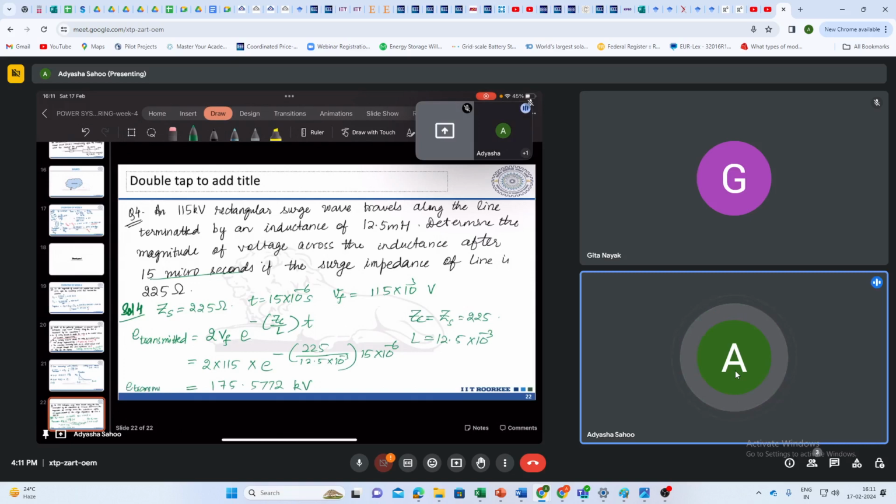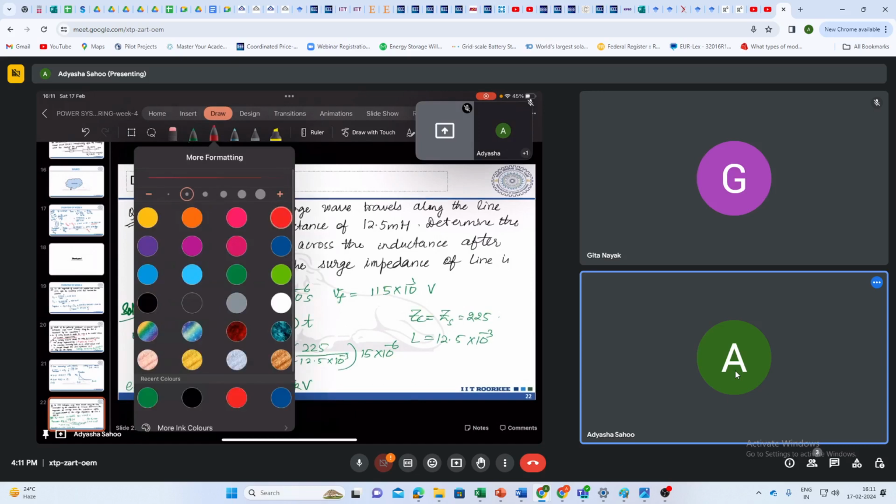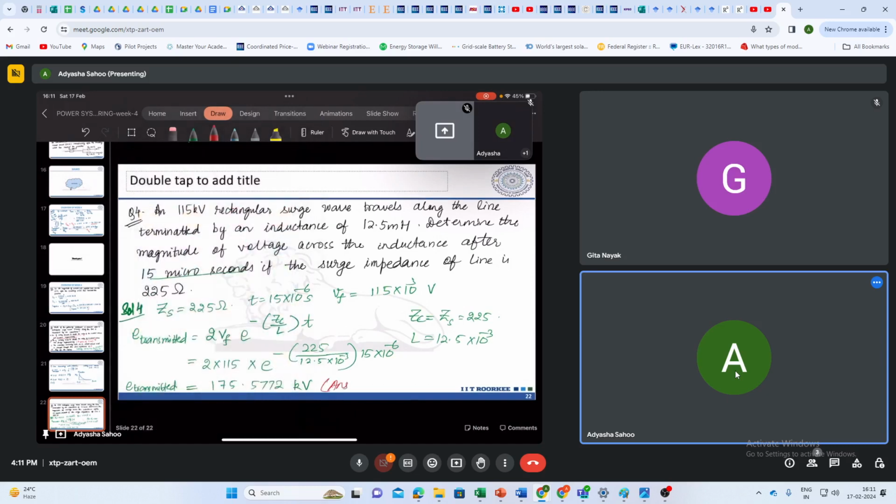Right, we derived this formula. So let us then move to the next one.